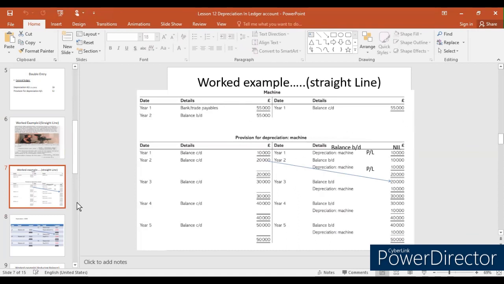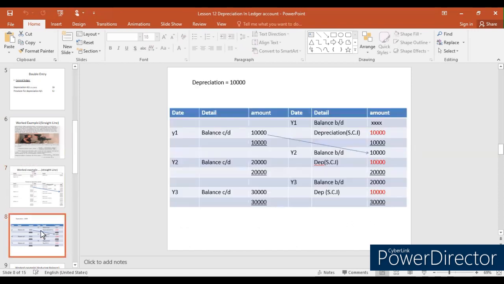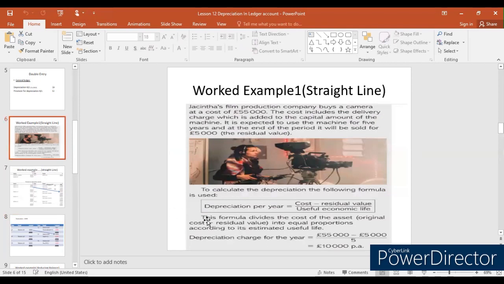But then we have to record them in the provision for depreciation account. Look at this; it is easy to understand. We have already calculated depreciation before: each year's depreciation is 10,000. Normally, depreciation is calculated at the end of each year.